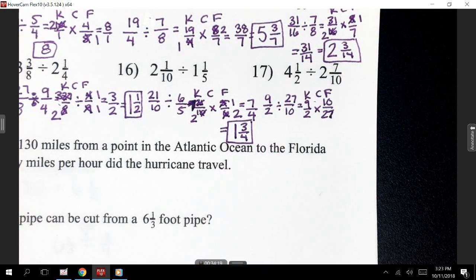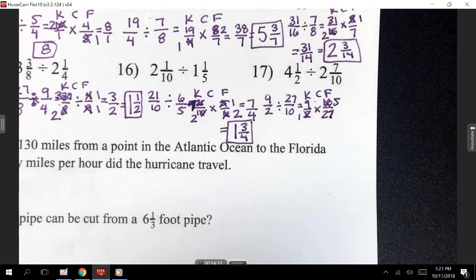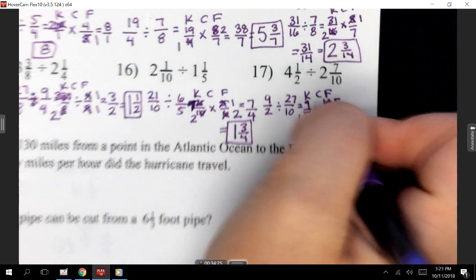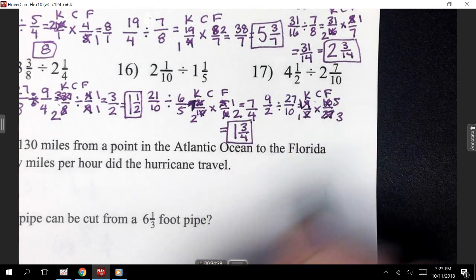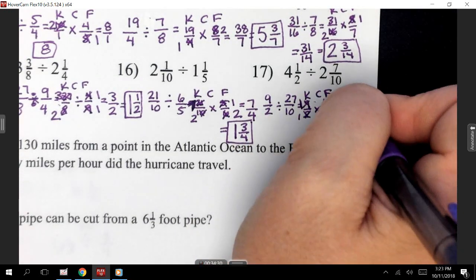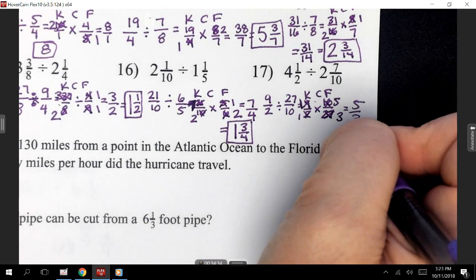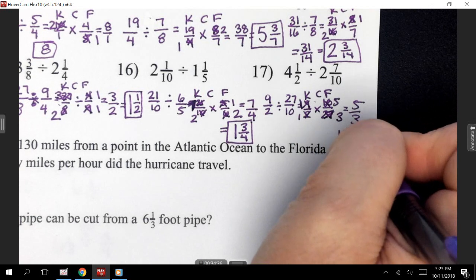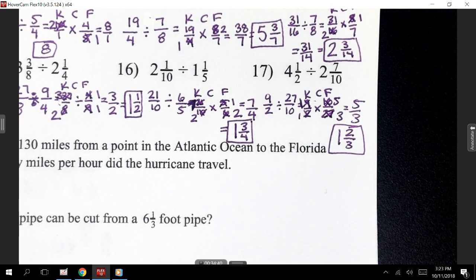All right, simplifying here, 2 can go into 2 once, 2 can go into 10 5 times, 9 can go into 9 once, 9 can go into 27 3 times. So here I get 5 over 3. I know 3 goes into 5 once with 2 left over. Okay, so there's all that division.